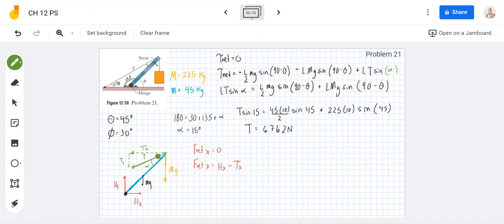So what's nice about this is we actually know this angle here. If I look up here at the strut, we can see that this angle here, phi, which is 30, is going to be the same as that one there. Those are alternate interior. And what that leaves me with is that Tx is equal to T cosine phi.